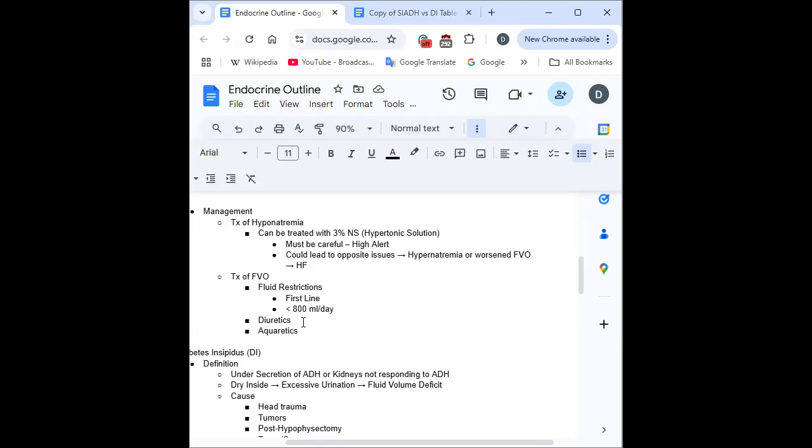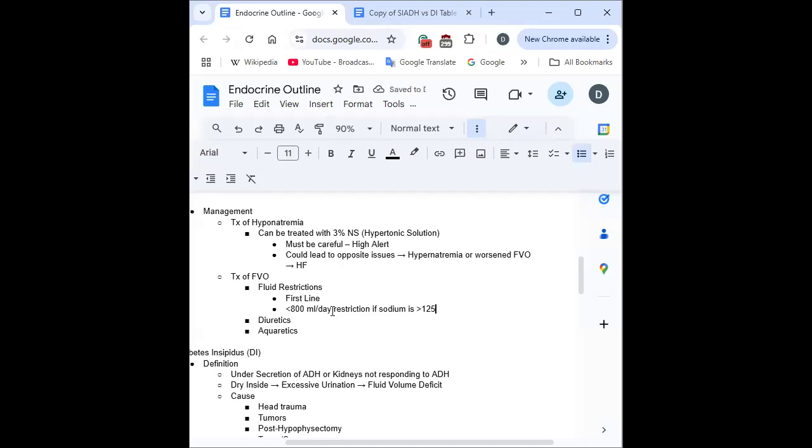PowerPoint says 500 to 1,000. Okay, sure. So go with whatever it says, but the general idea will be around the same ballpark. The concept is you're doing this restriction if your sodium is above 125.